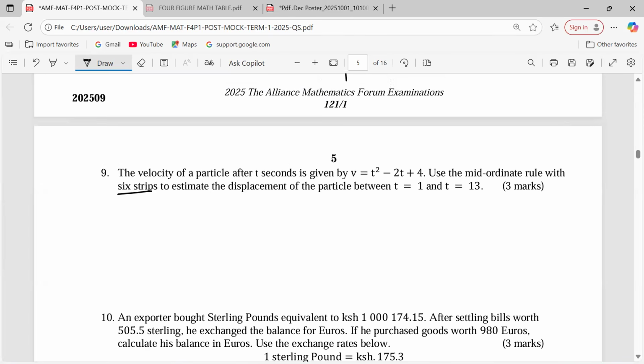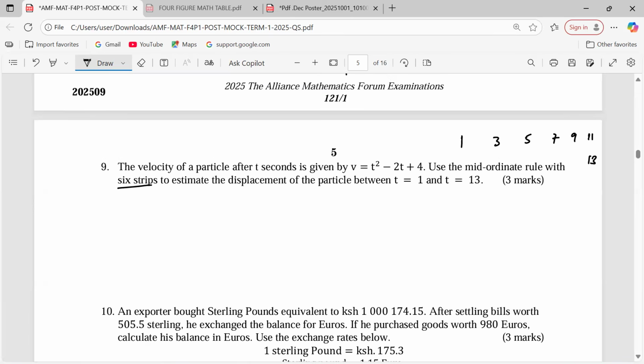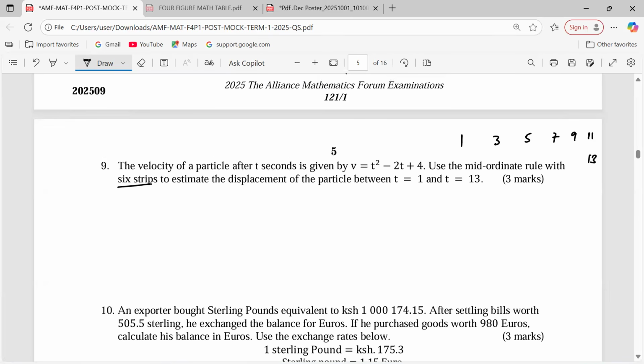So in the strips now, we will have from 1 to 3, then 3 to 5, 5 to 7, 9, 11, up to 13. But now look at the formula that we use, the mid-ordinate rule. So we can find the mid-heights of this particular area.